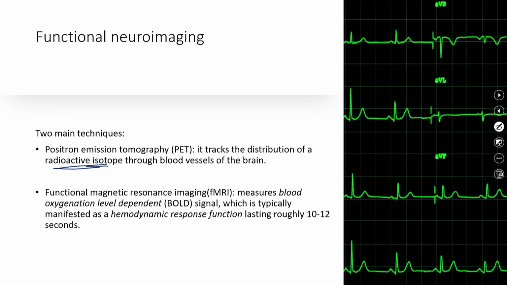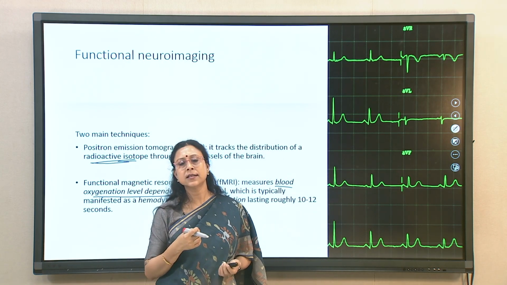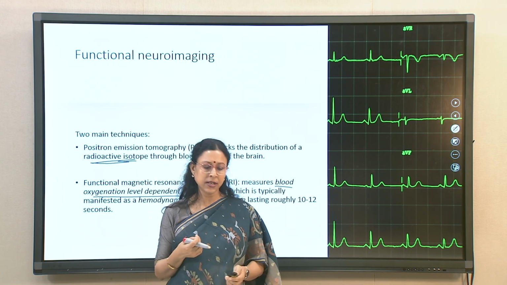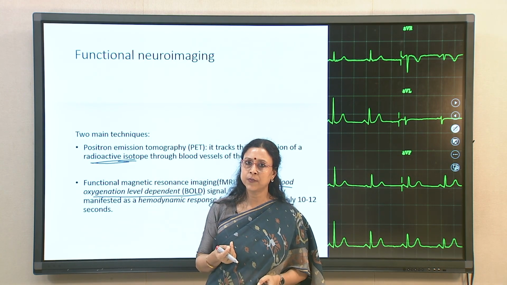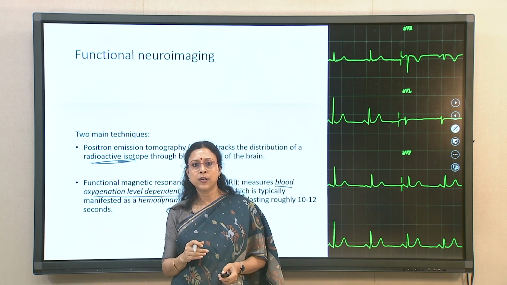In the case of fMRI, it measures the blood oxygen level dependent, or BOLD, signal, which is typically manifested as a hemodynamic response function lasting roughly 10 to 12 seconds. So, how the BOLD signal tells us about the metabolic response of the various regions in the brain is what fMRI looks at, as opposed to PET, which tracks blood flow through a radioactive isotope.